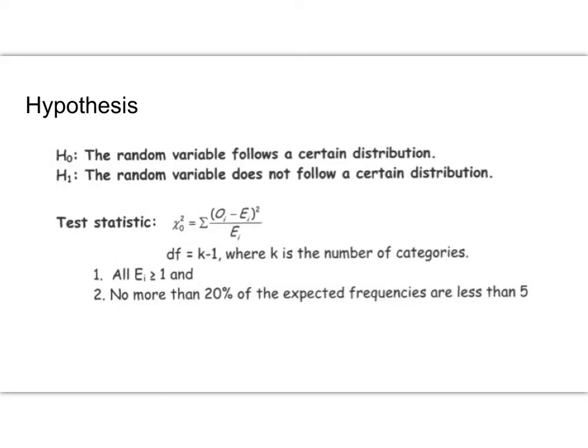To set up a chi-square hypothesis, our null hypothesis is that our random variable follows a certain distribution. So in the instance of dice, we would think that the distribution of each would be 1/6. If we were talking about the M&Ms, we would go with the claim of the manufacturer.